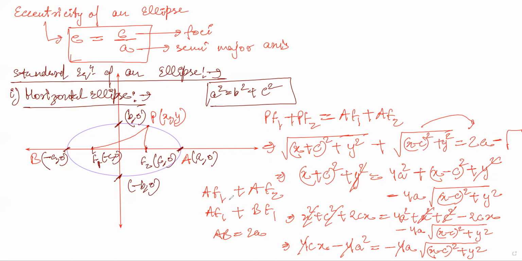So this is nothing but cx minus a square is equal to minus a into root over (x minus c) square plus y square.